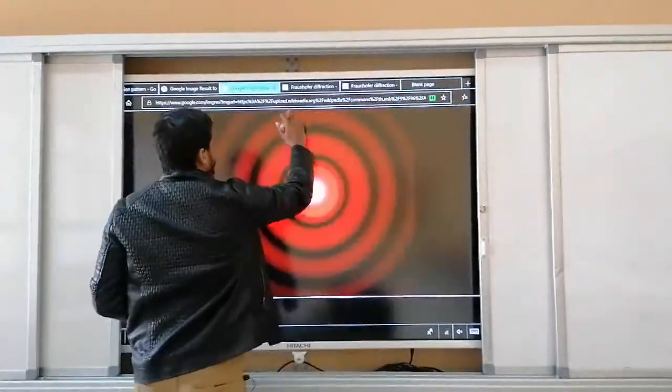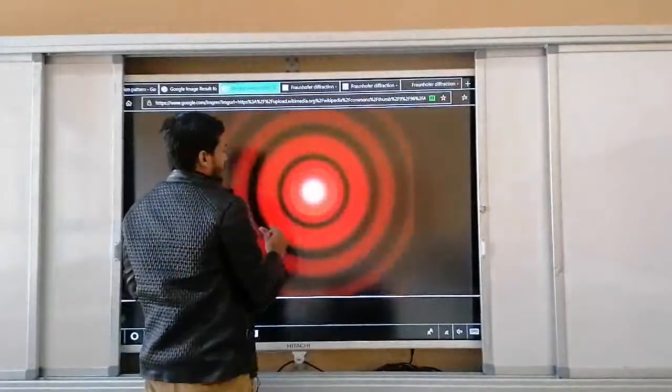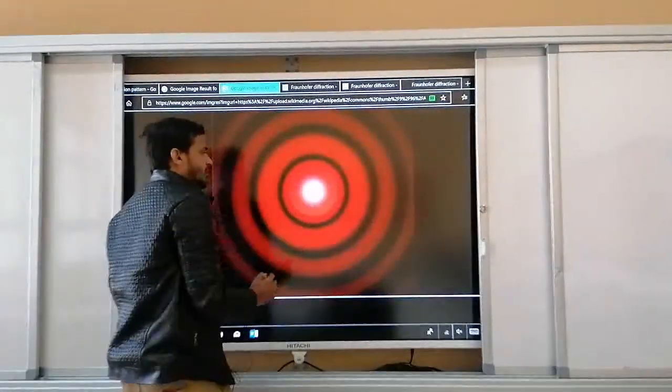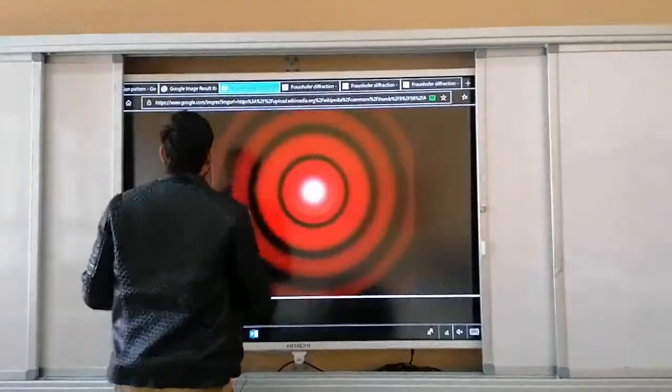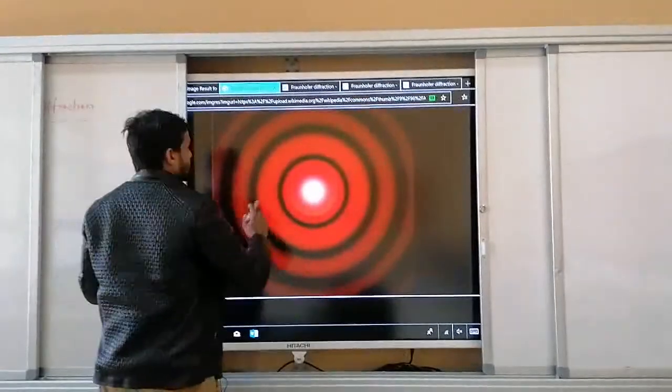Now if you plot a graph of intensity against distance, you will see something like this.